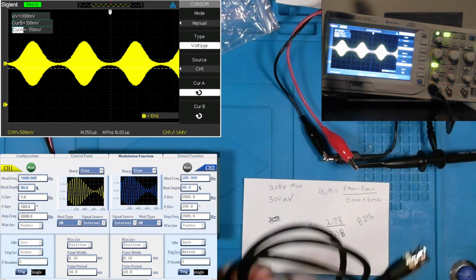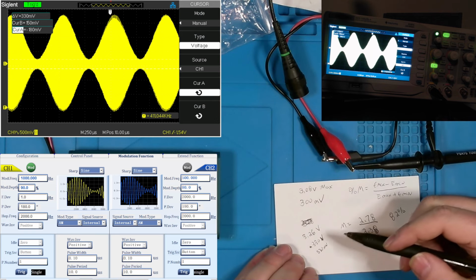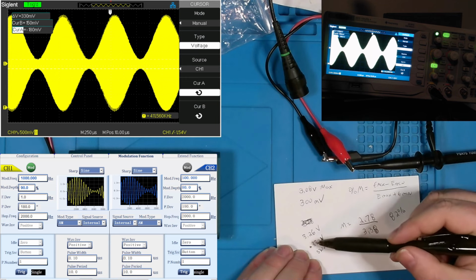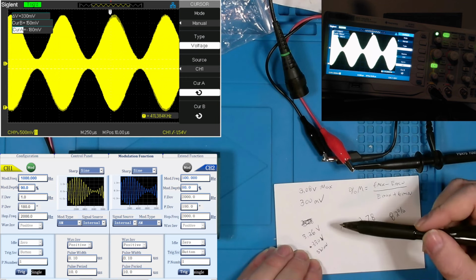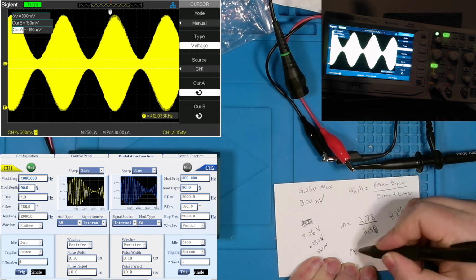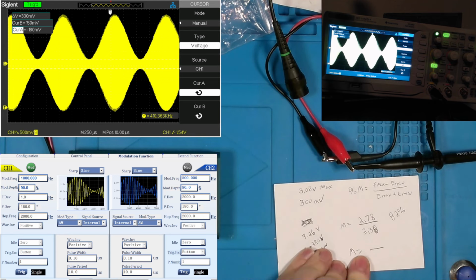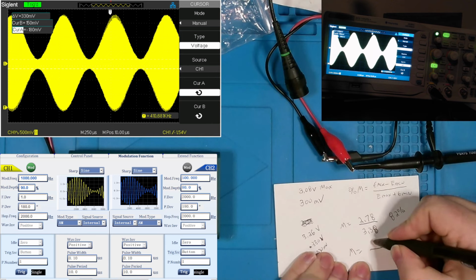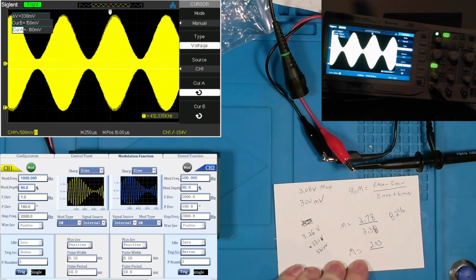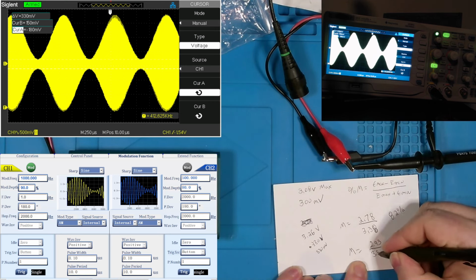Let's swap those out. Well, we've changed it out, and I went ahead and made new measurements, and we got 3.26 volts as our max and 0.330 volts as our minimum, or 330 millivolts. And that comes out to 2.93 and 3.59.